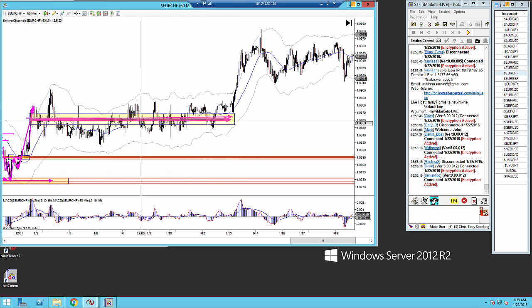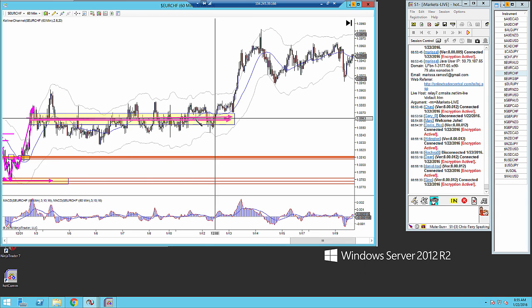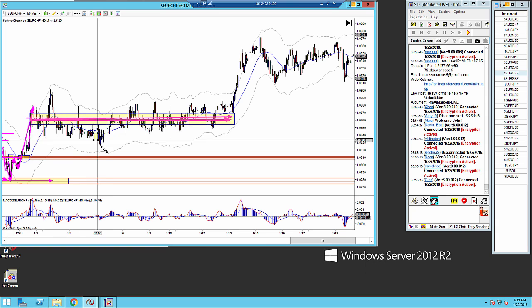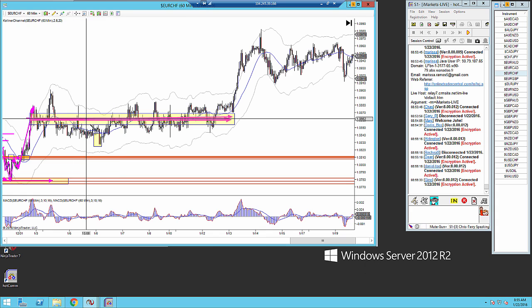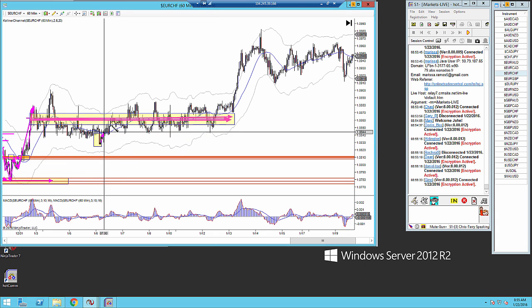So you've gone through this extended sideways line, and nobody wanted to take control of one side. They brought it down here by trying to sell it, and they got stuck, because they tried to sell it out of the range, and the buyers took it back up.